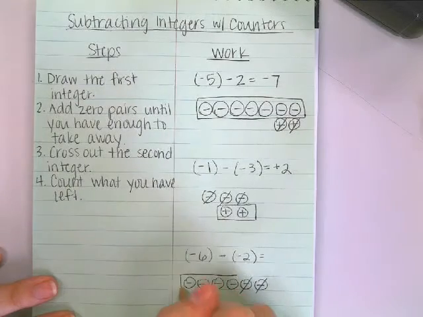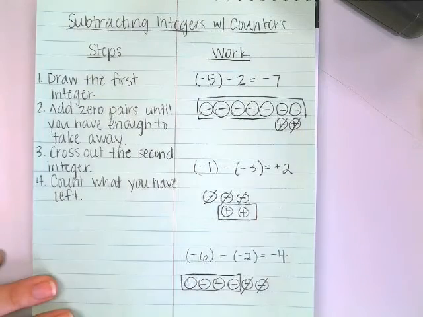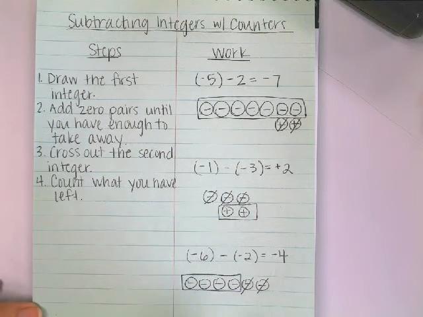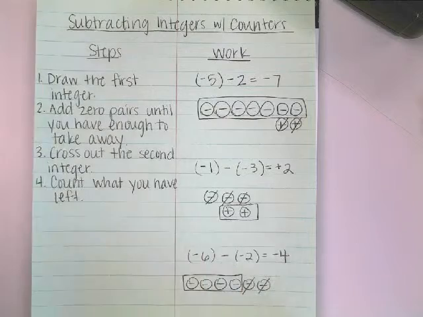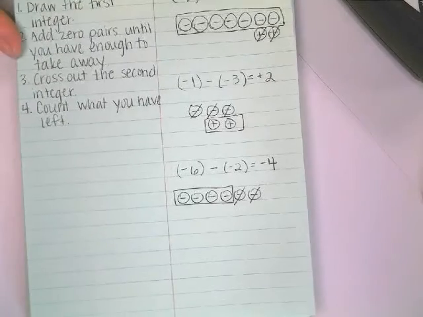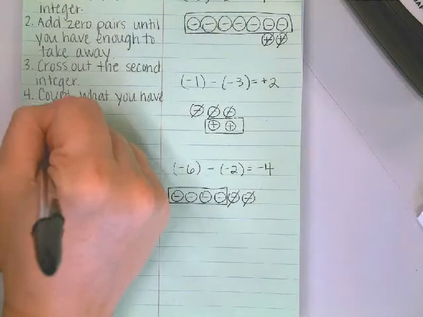Well, I have 2 negatives to take away, so I'll just cross those out. And what are you left with? You're left with -4. These ones are the easiest because you don't have to add any 0 pairs. We're going to try one more like this, and then we're going to go back to the ones where you have to add 0 pairs.